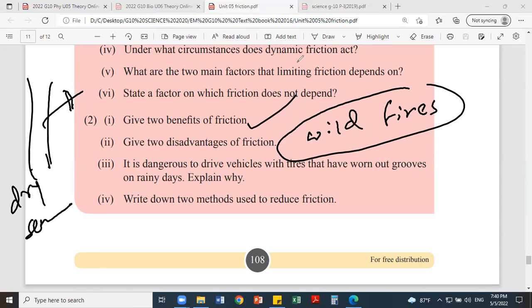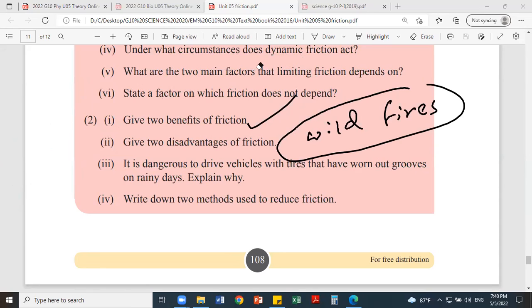Wildfire is a disadvantage due to the friction between dried branches of trees rubbing each other, causing a fire.